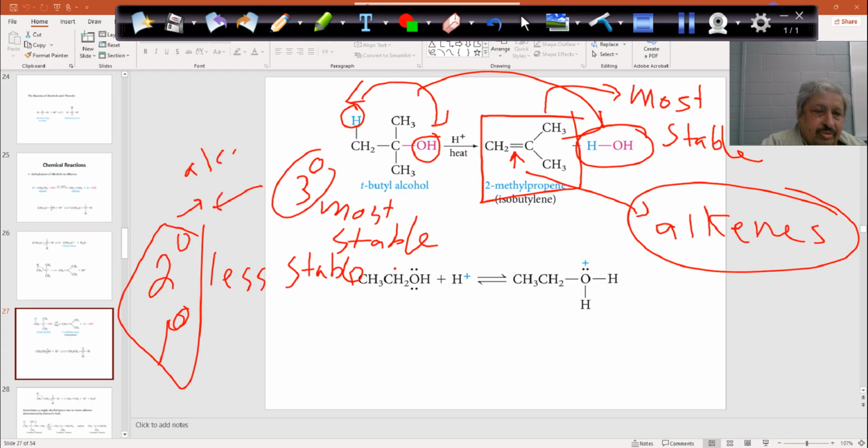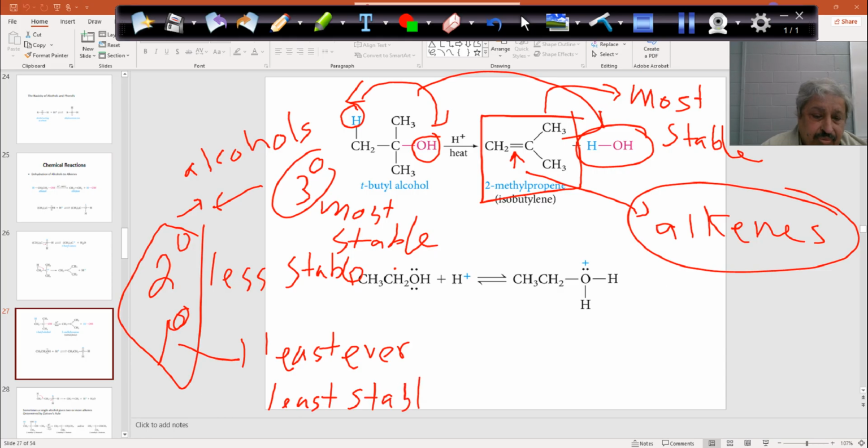The result of dehydration is alkenes, and the stability of the alkenes will depend on the stability of your alcohol to begin with. So this one here is not less stable, it's the least, ever least stable. The primary alcohol is the least, ever least stable.